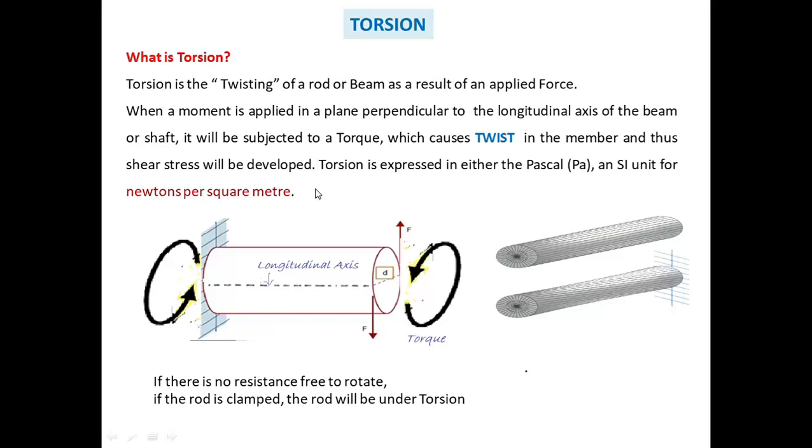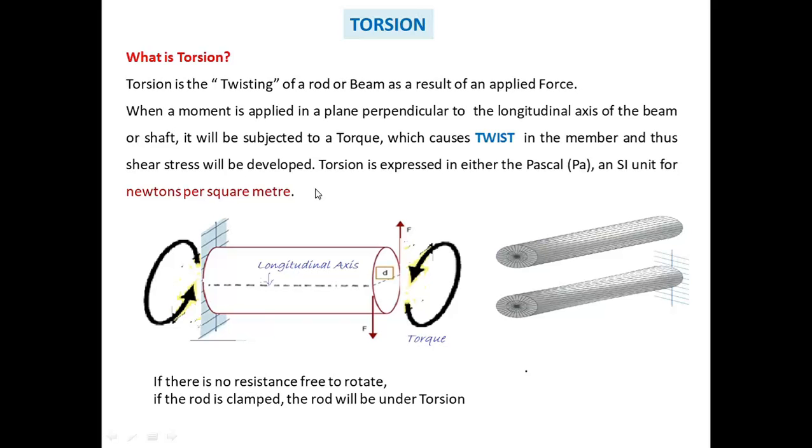These are twisting moments. Because of this, your cloth gets twisted and water drains. Is it not? In the same way, when you apply a twisting force on a shaft or rod or a beam, the member will get torsion.